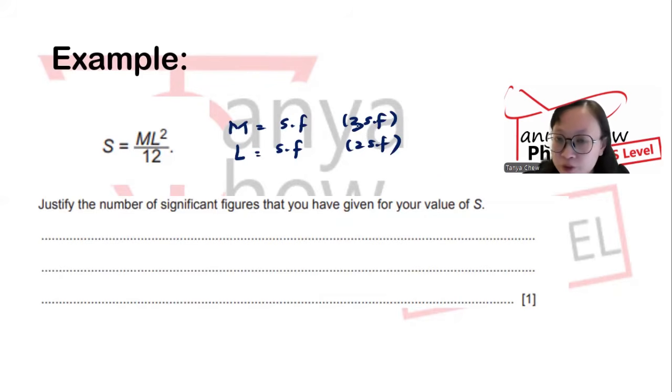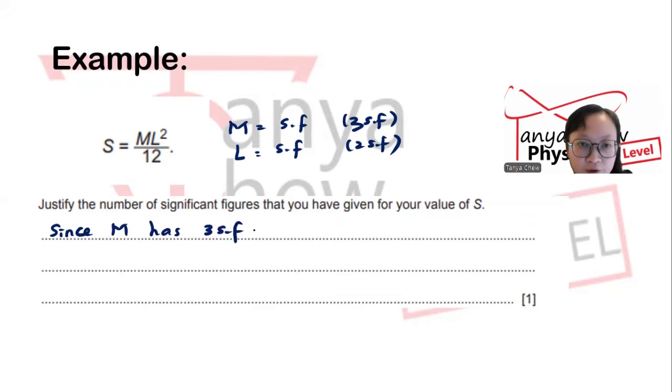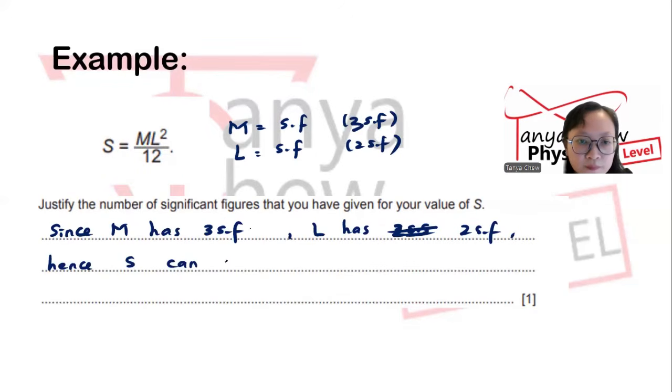Maybe you want to put it as 2 significant figures, or maybe you want to give 3 significant figures to the value of your S. It doesn't matter, as long as you show, since M has 3 significant figures and L has 2, hence S can take 3 significant figures or 2 significant figures. It is up to you, as long as you show the proof.